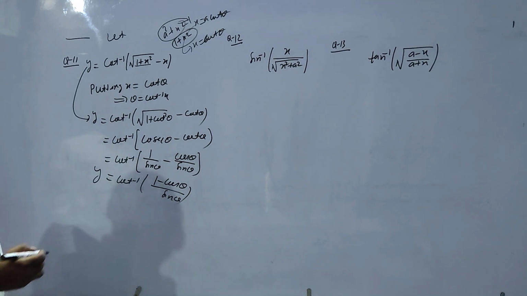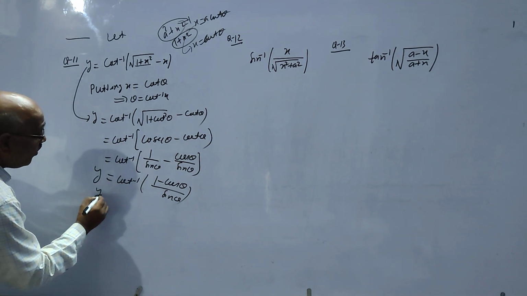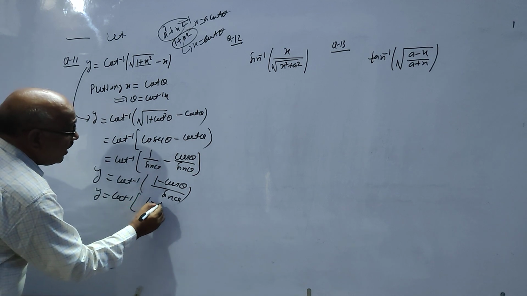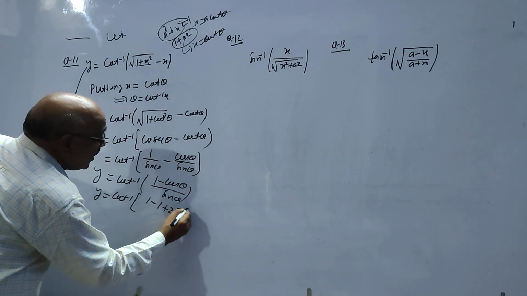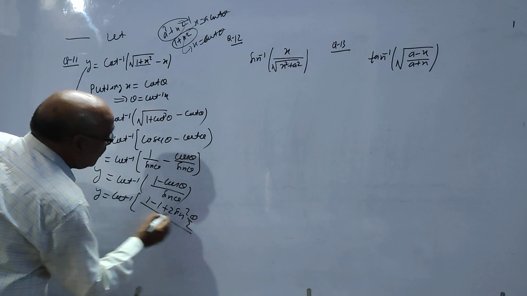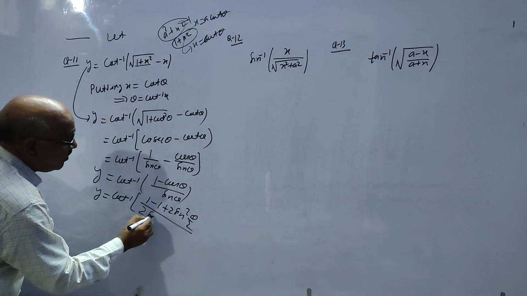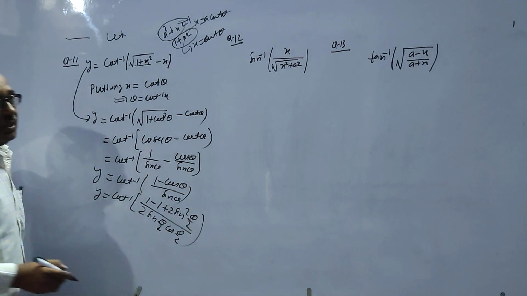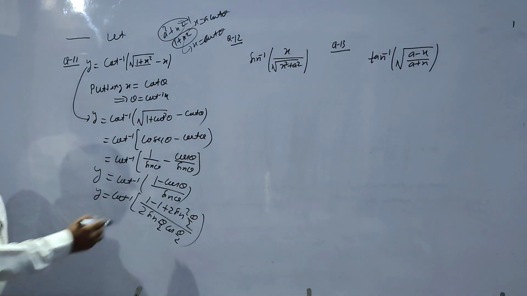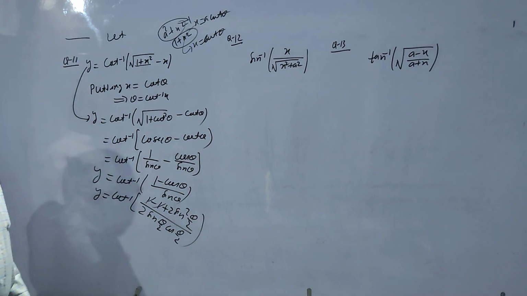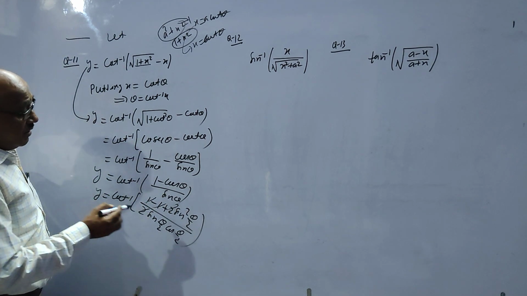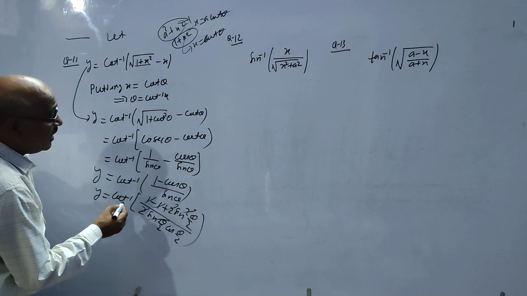Now you just apply the half angle formula. Therefore y is equal to cot inverse of 1 minus 1 plus 2 times sin square theta by 2 upon 2 times sin theta by 2 into cos theta by 2. Here minus 1 and plus 1 cancel out, 2 and 2 cancel out, and one power of sin cancels out.